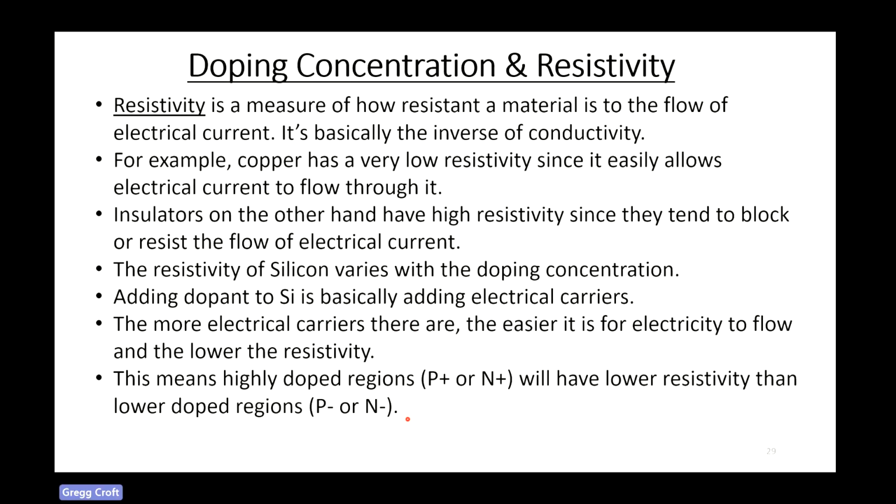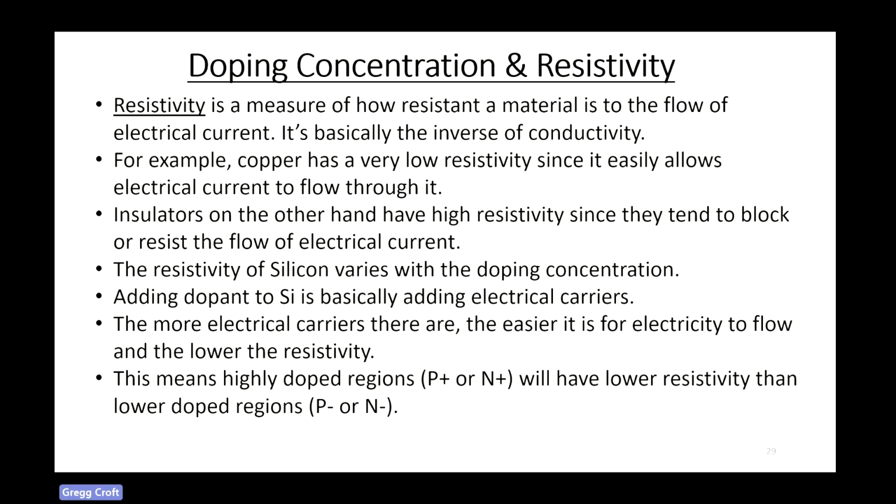Resistivity. Resistivity is a measure of how resistant a material is to the flow of electrical current, and it's basically the inverse of conductivity. For example, copper has a very low resistivity since it easily allows electric current to flow. Insulators, on the other hand, have a very high resistivity since they block or resist the flow of electrical current. The resistivity of silicon varies with the doping concentration.